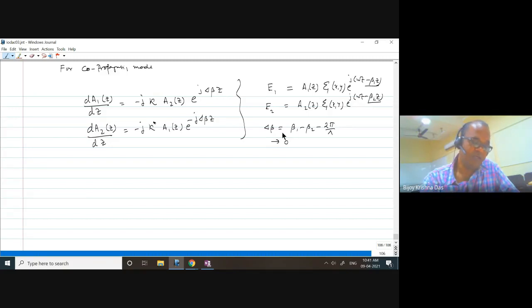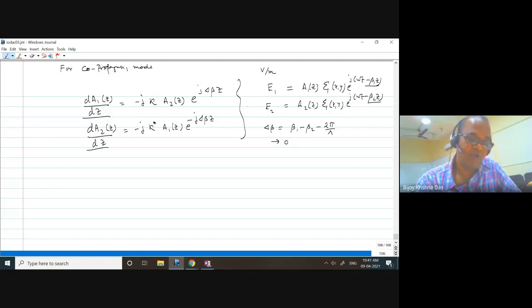For co-propagating modes, you can see they can have some kind of evolution, both for mode 1 and mode 2. You remember that this is the electric field, so the overall dimension is volt per meter.